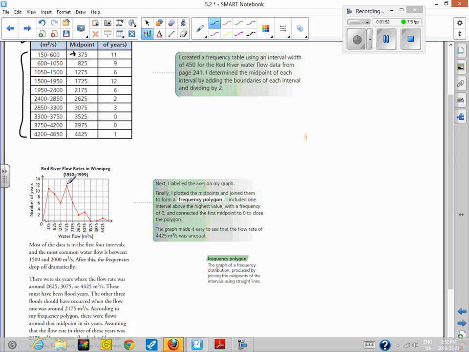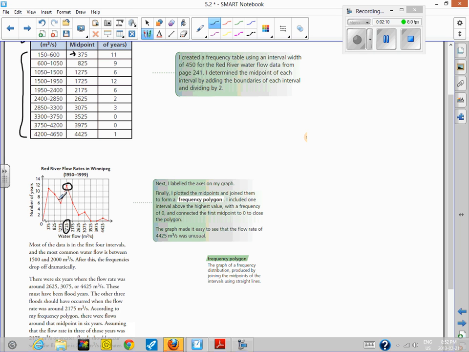Okay, and again, the most common frequency was 12 for a flow rate of 1725. So a flow rate of 1725 was your most common rate or within that region.